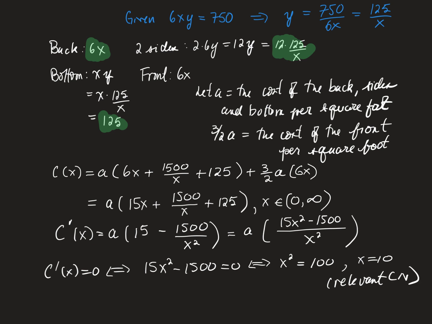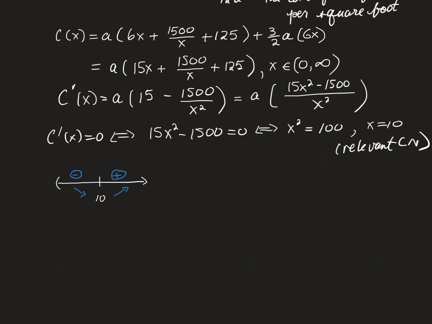And I'd like to show that that indeed gives me a minimum, and I'm going to use the first derivative test this time. I've gone ahead and given a sign diagram for the derivative. Keeping in mind this is my derivative here, and A is certainly positive, you can see that it's decreasing and then increasing. So by the first derivative test, x equals 10 gives a minimum.